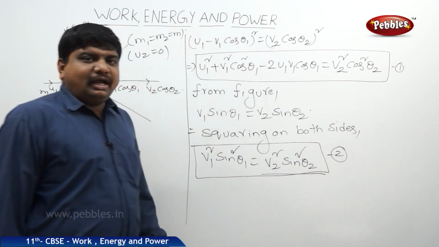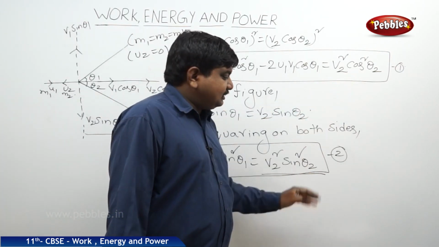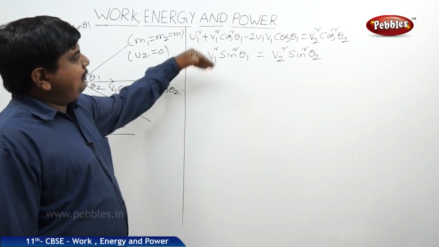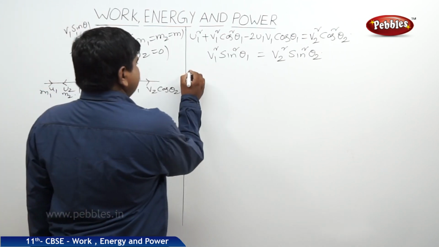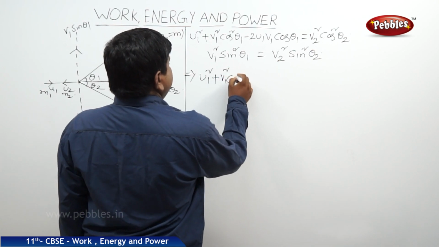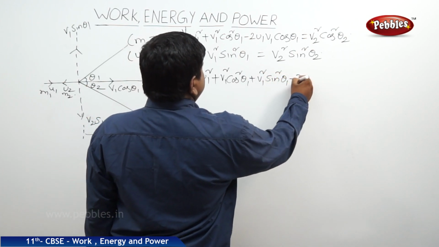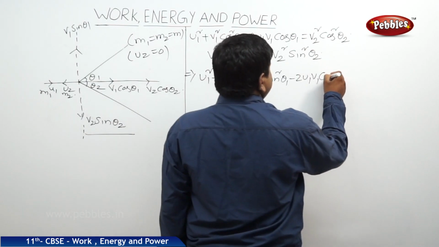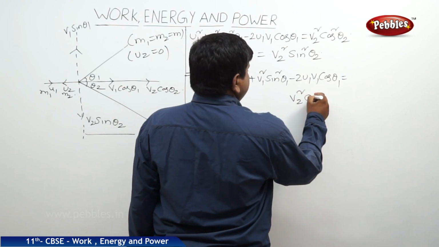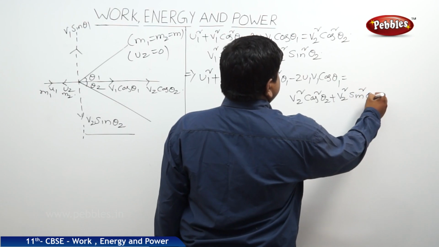Now I am adding the LHS of 1 to the LHS of 2 and RHS of equation 1 to the RHS of 2. So this is equation 1, this is equation 2. I am adding LHS to LHS and RHS to RHS. So the equation will become u1 square plus v1 square cos square theta 1 plus v1 square sin square theta 1 minus 2u1 v1 cos theta 1 is equal to v2 square cos square theta 2 plus v2 square sin square theta 2.